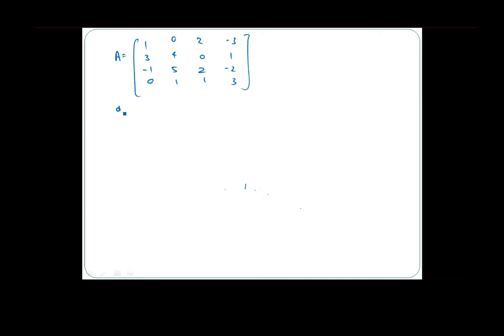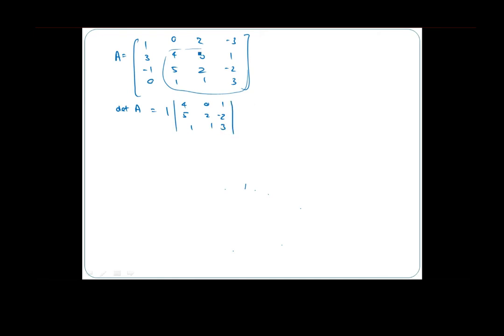Then to find the determinant, of course, you can use the direct expansion method. It's quite straightforward. Else, you can take the 1 here, then we have these particular parts: 4, 0, 1, 5, 2, negative 2, 1, 1, 3.